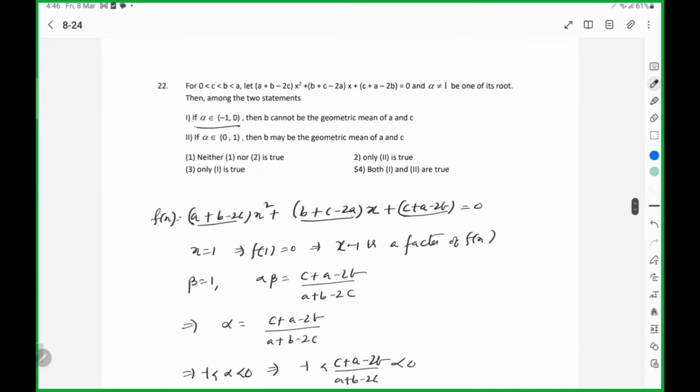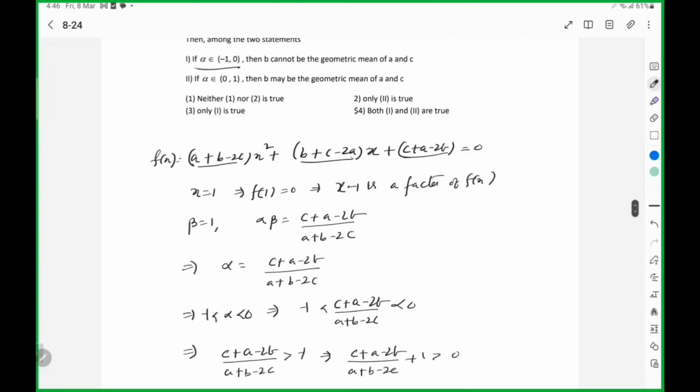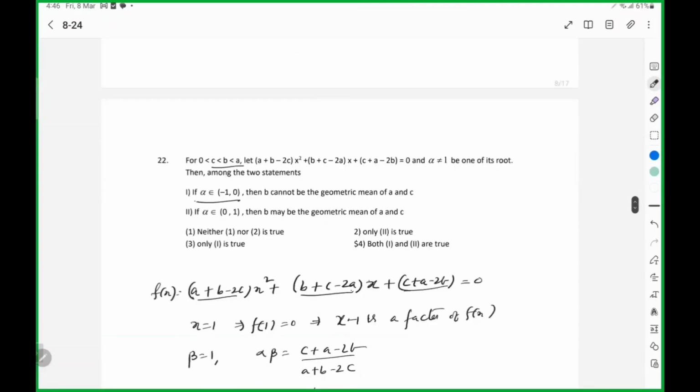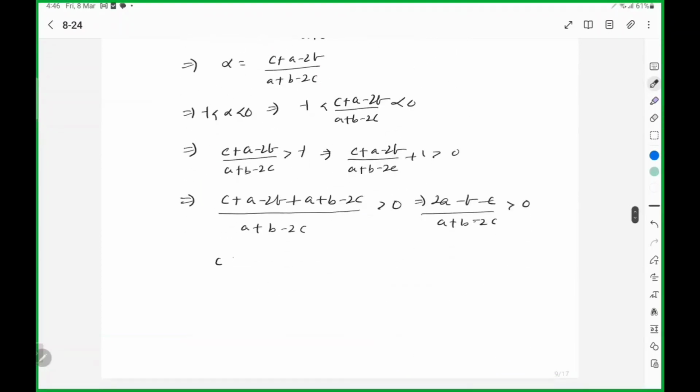Any more information? B cannot be, we have to obtain a relation, and C less than B less than A. That means C is less than A, B is less than A, B plus C is less than 2A.